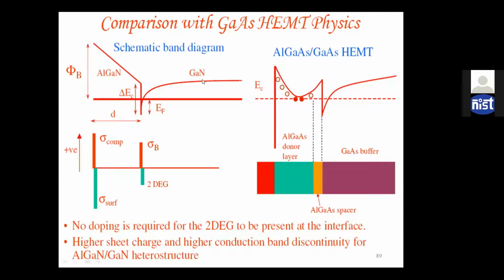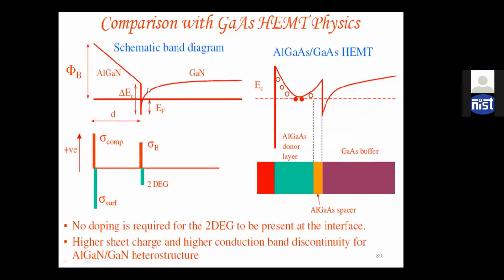In GaAs or AlGaAs, if you want to get this 2DEG, you should intentionally dope. If you dope the barrier, then you can get the electrons in the channel, that means in the interface. But in the case of GaN and AlGaN, even though you do not dope the barrier, you can get free electrons at the interface.